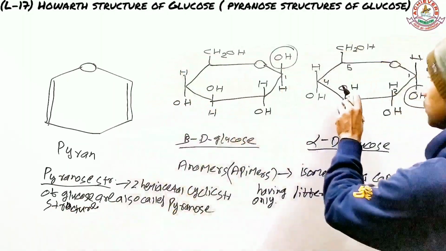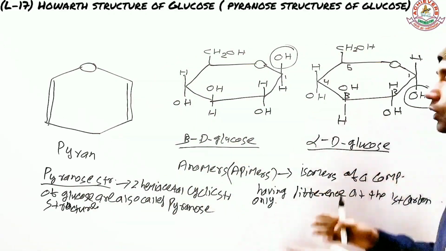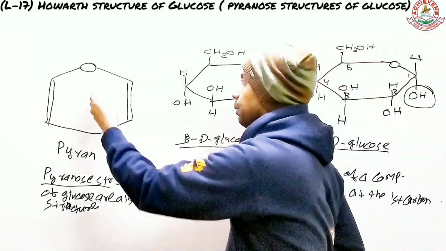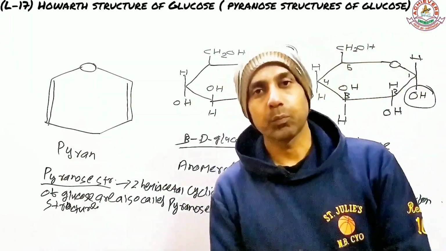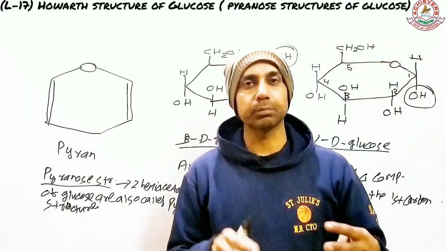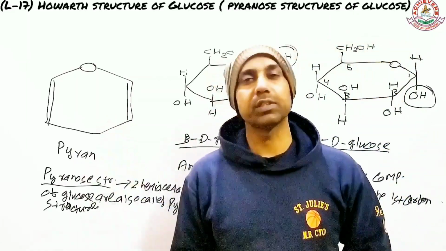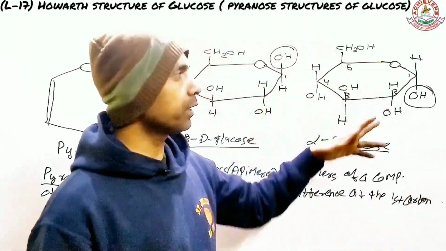So these two structures are called pyranose structures because they are structurally similar to the molecule pyran. Howarth came up with this idea that the two cyclic structures of glucose have something to do with this very molecule structurally. That's why these two structures can also be called pyranose structures.